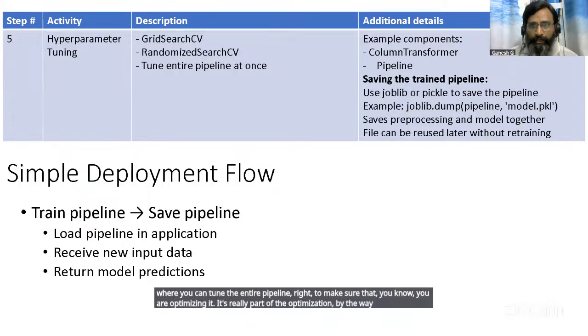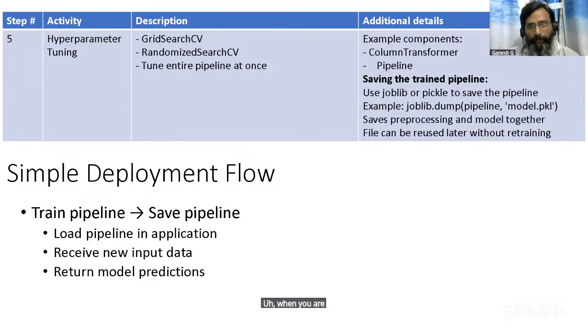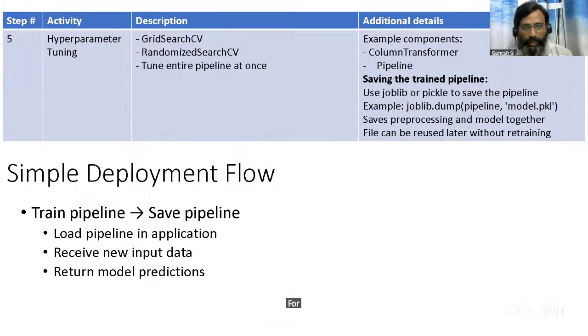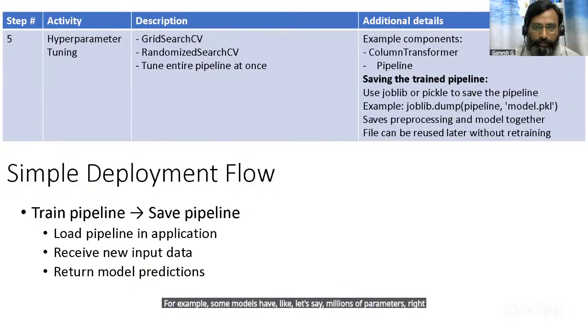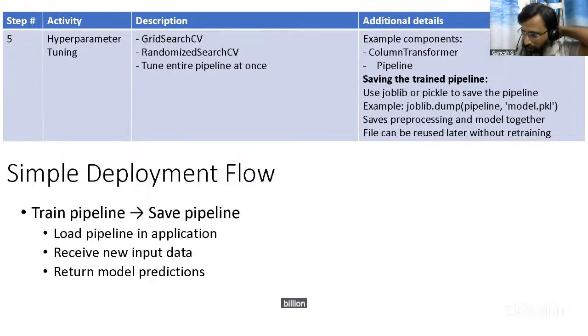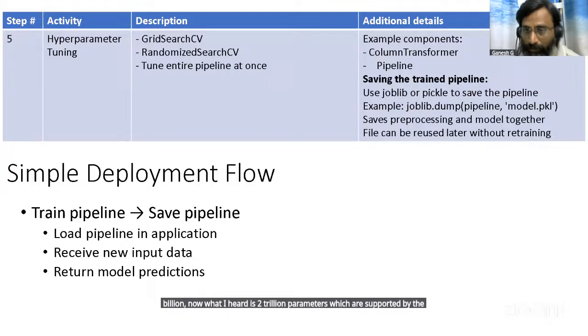But quite an important one, because when you are having an ML pipeline, see the amount of processing that is going on, and how many parameters are supported by the model itself. For example, some models have millions of parameters. Llama, which is the latest one, has more than a billion. Now what I heard is 2 trillion parameters are supported by the Llama 4 model.